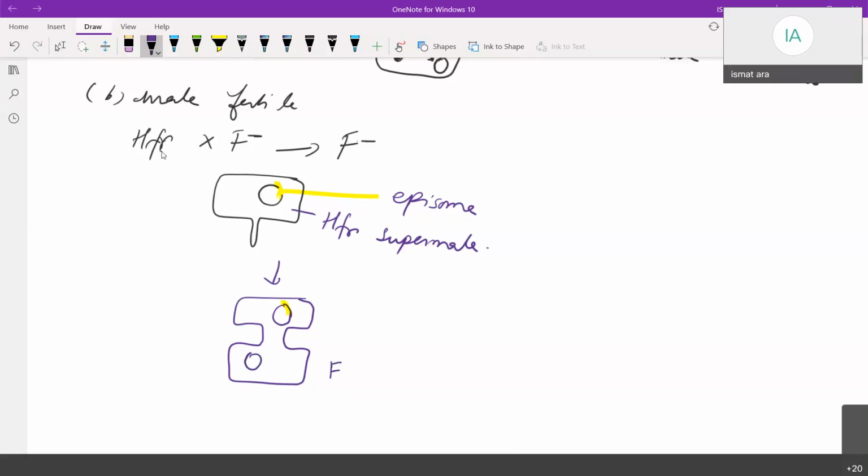This is F minus, we know that. And it is HFR cell, we also know that. Now after 40 to 100 minutes, part of DNA is transferred.